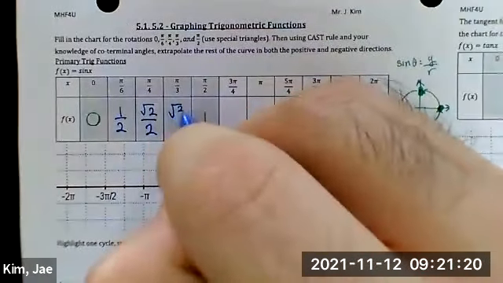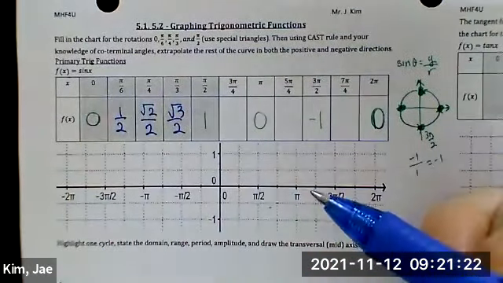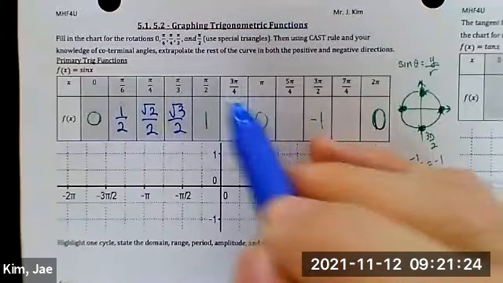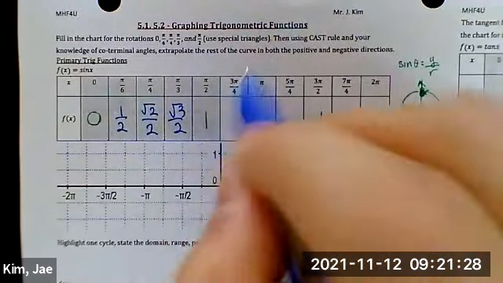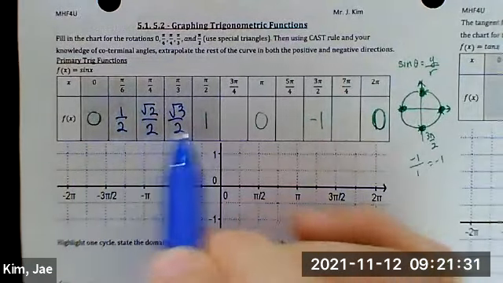And then this is √3 over 2, and then it goes to 1. And then this is again 135 degrees or 3 pi over 4. I did it in the increments that you know.